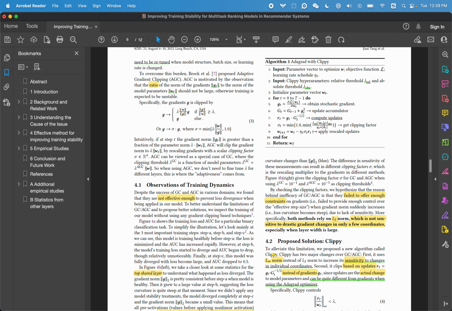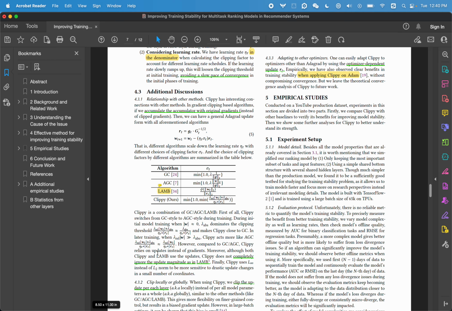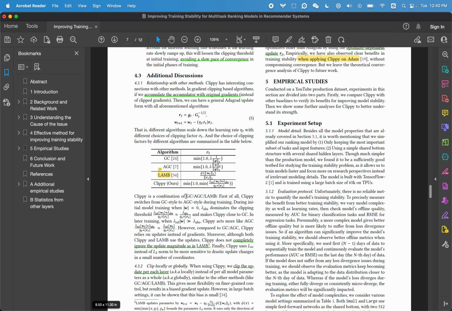The other major difference is, in this paper it says when the weights are small in magnitude, if they are all close to zero, it's much closer to GC, because everything is close to zero.